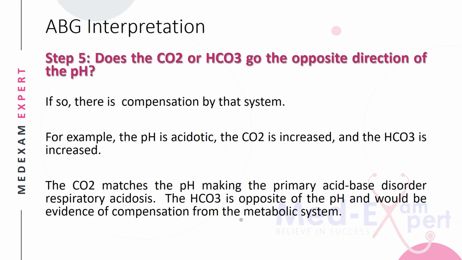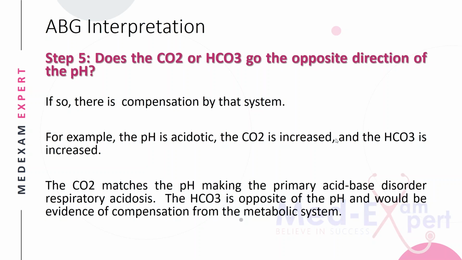And here the bicarb on the opposite hand is trying to increase to maintain this pH, or to try to compensate for this respiratory acidosis. So I can say that the bicarb here is trying to compensate, or there is some sort of compensation from the metabolic system. Of course, this will be more clear when I solve some examples with you.